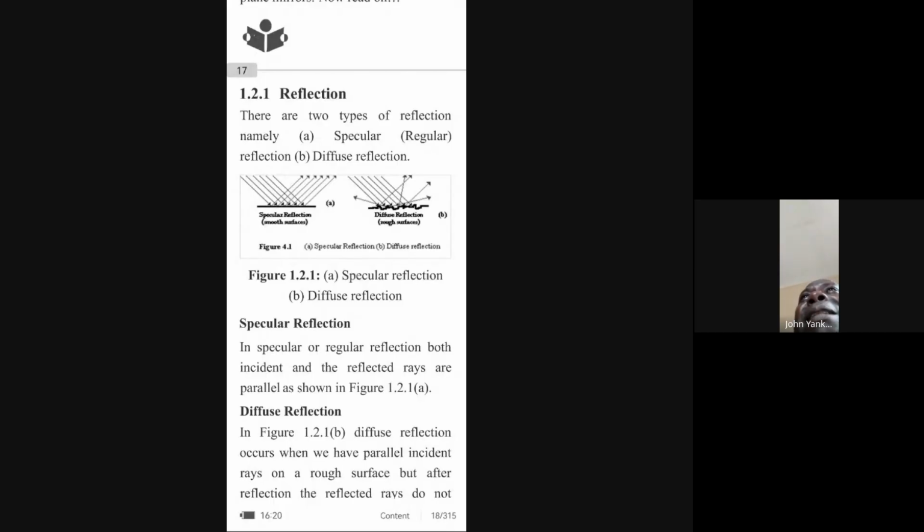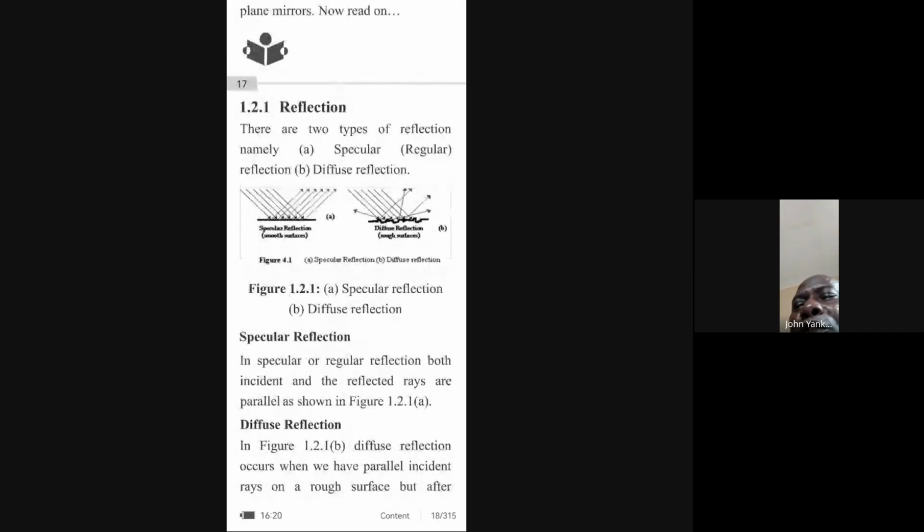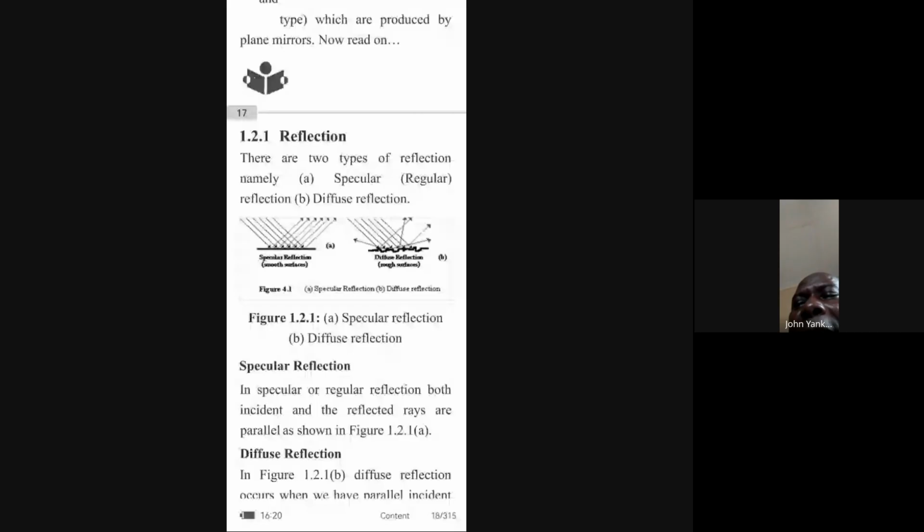Anytime reflection occurs at a surface, an angle will be formed between the incident ray and the normal. This angle is called the angle of incidence. Another angle will be formed between the normal and the reflected ray. This angle is called the angle of reflection.